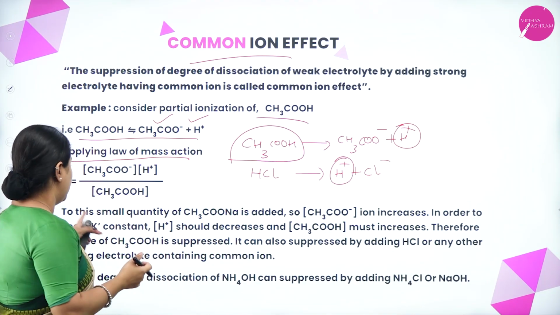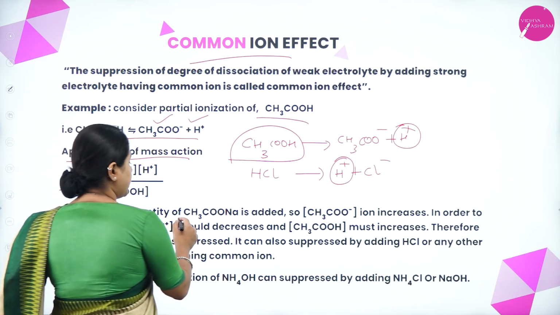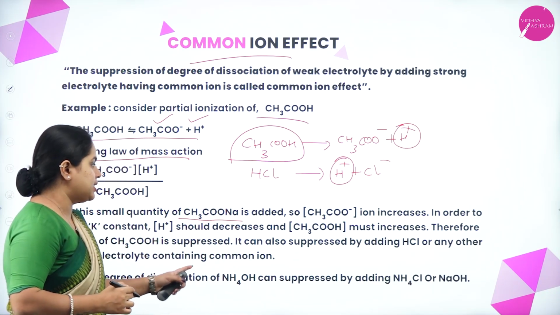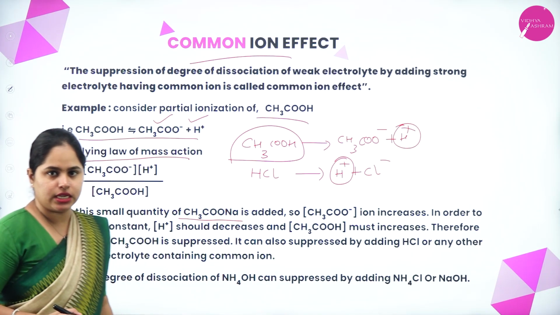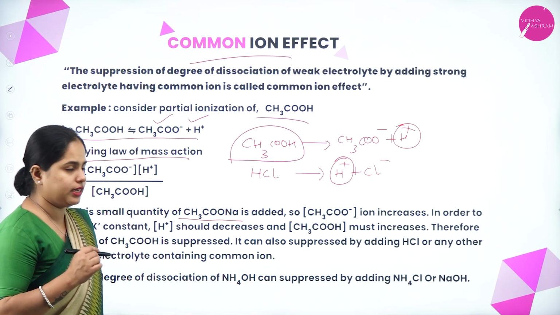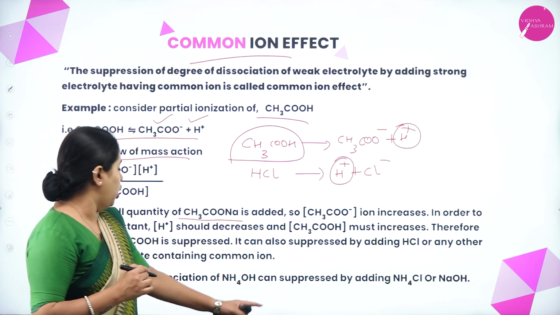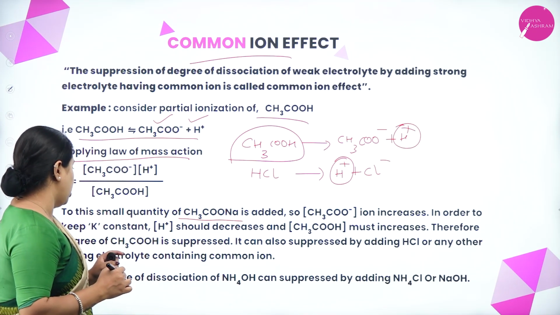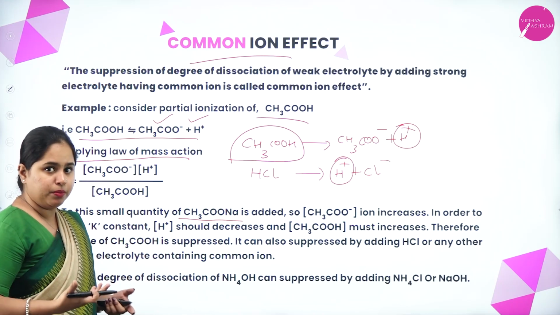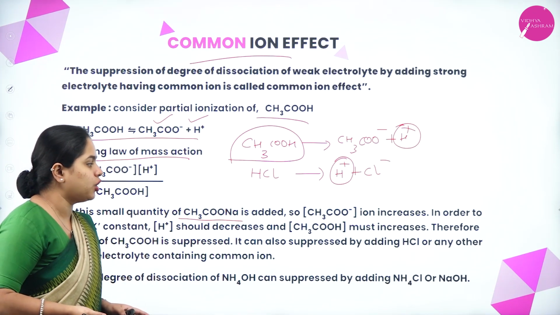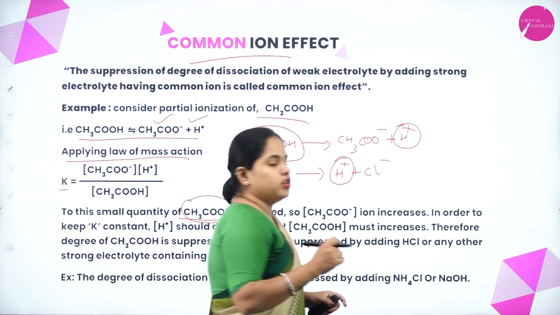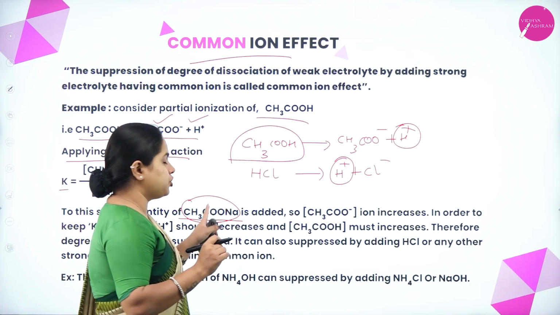To this, a small quantity of CH3COONa, a salt, is added. So the concentration of CH3COO minus ion increases. In order to keep the equilibrium constant K constant, H plus ion should decrease and CH3COOH concentration must increase.